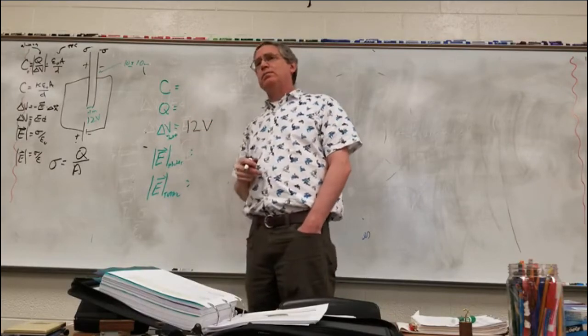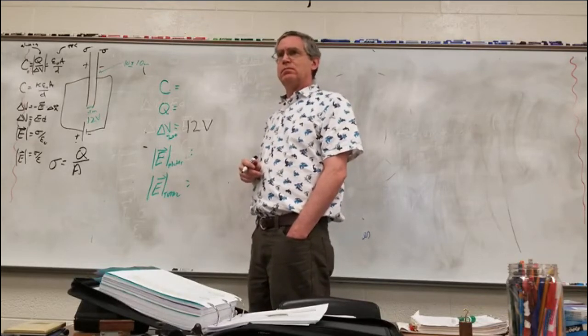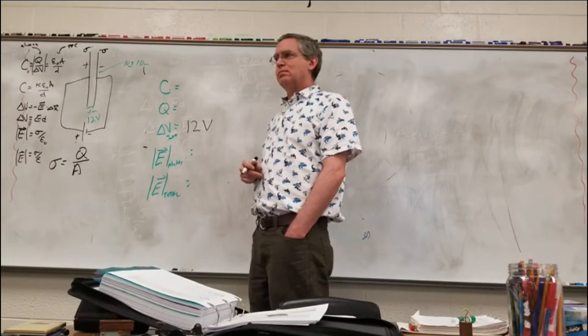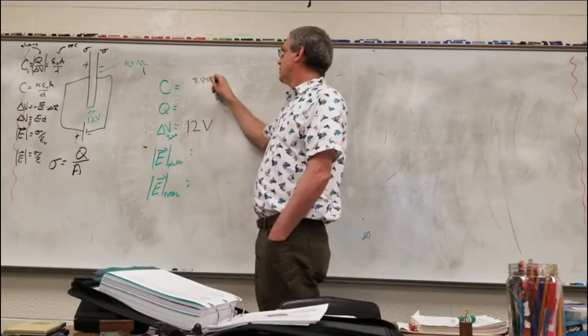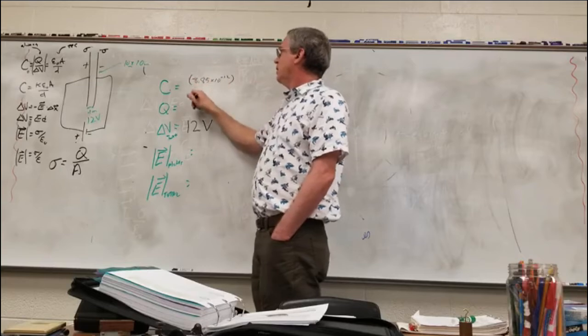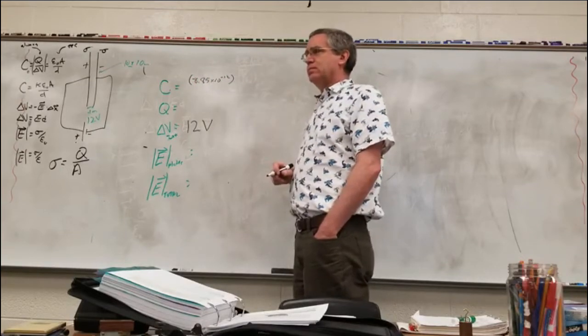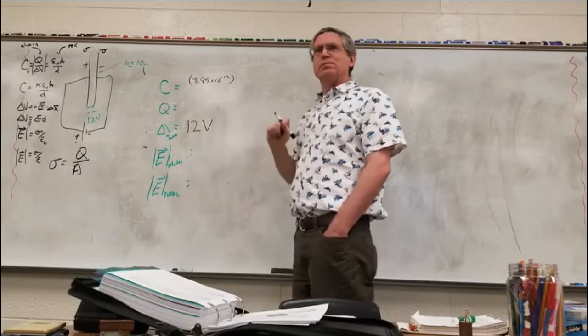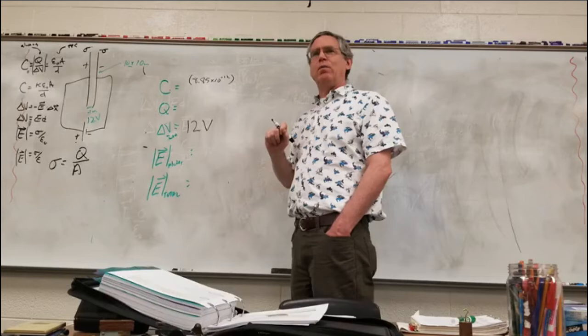What is epsilon sub naught? 8.85 times 10 to the negative 12. A, what's the area of the plates? One meter squared.